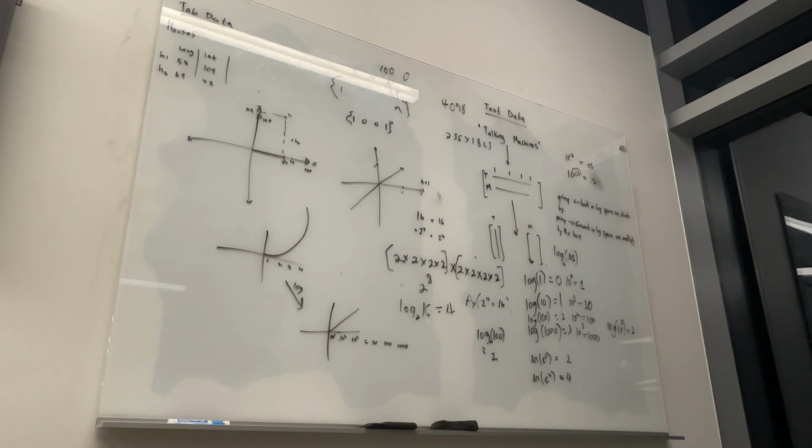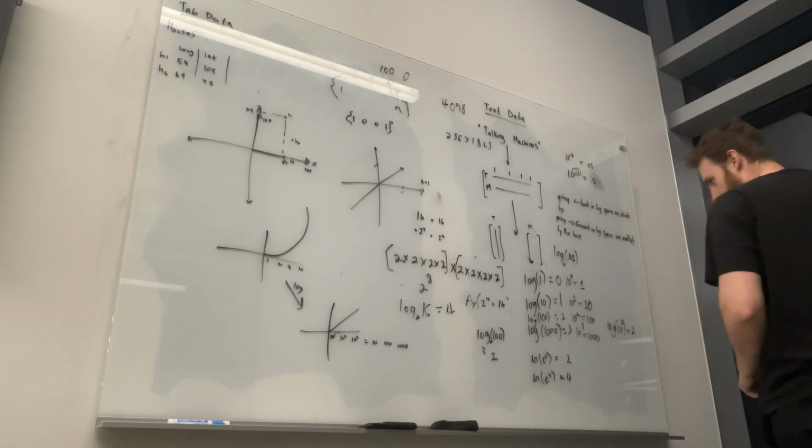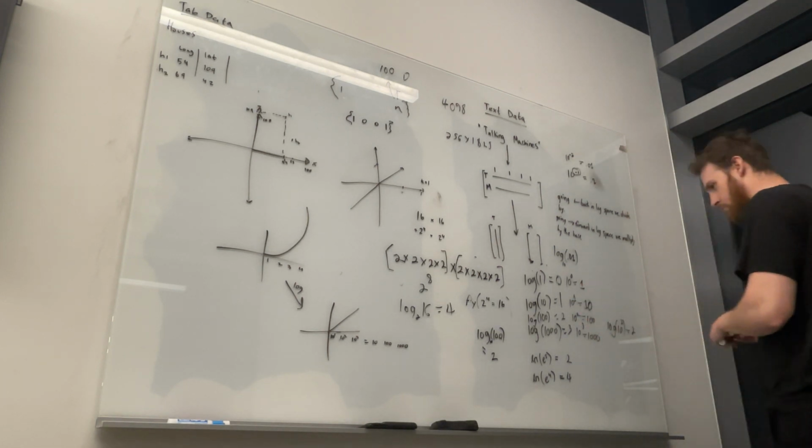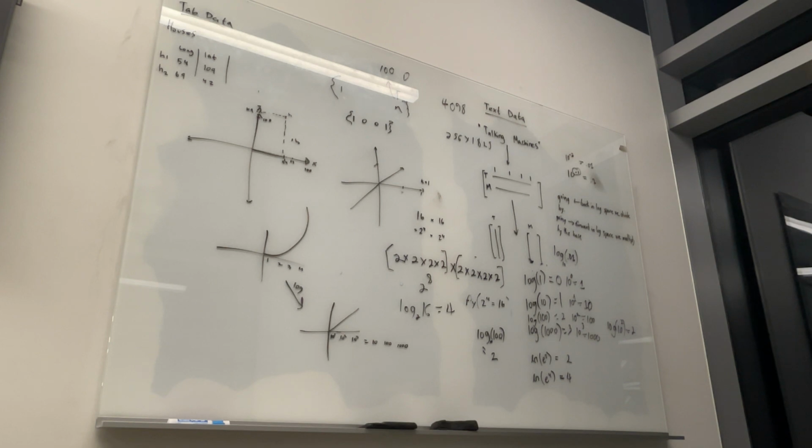Then log 10 equals 1, which would be 10 to the 1 power, which would be 10, so 10 times 1. Then you'd have log 100. That's 2, so that'd be 10 times 10. And then you just keep multiplying, and then you'd be going back in space by dividing.